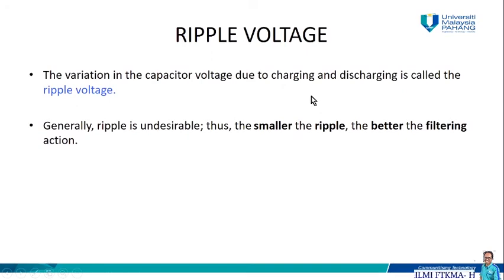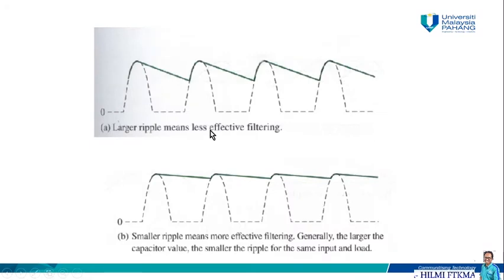The variation in this value of the voltage is called the ripple voltage. Generally ripple is unwanted, therefore the smaller the ripple, the better the filtering action. The best is to have no ripples. Larger ripples mean less effective filtering.